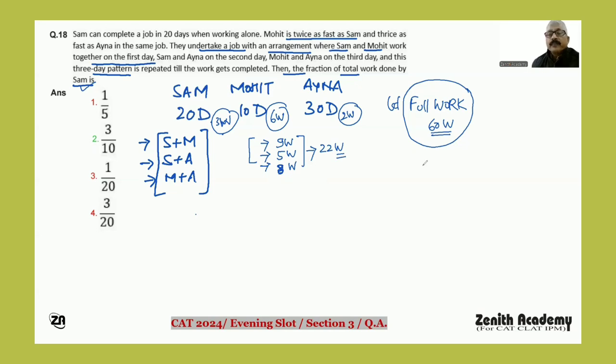Your full work is 60. So how many complete intervals will there be? Divide 60 work by 22. Two intervals of 22 is 44. It is 16 work left.